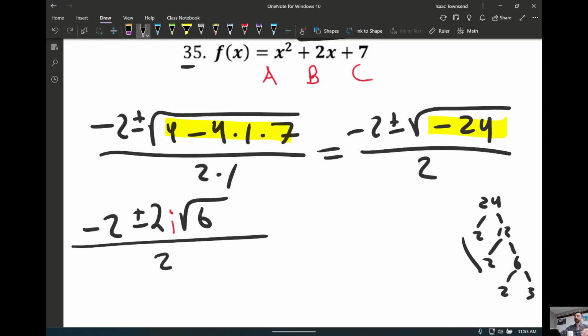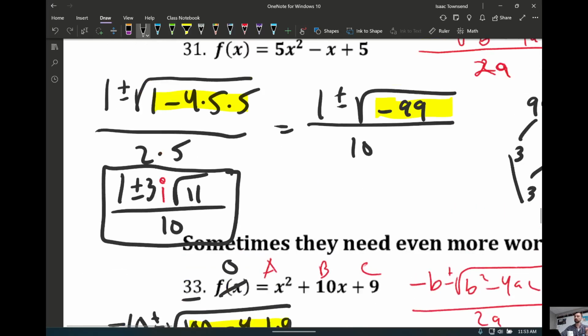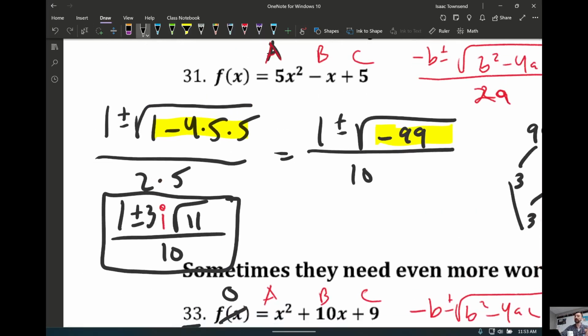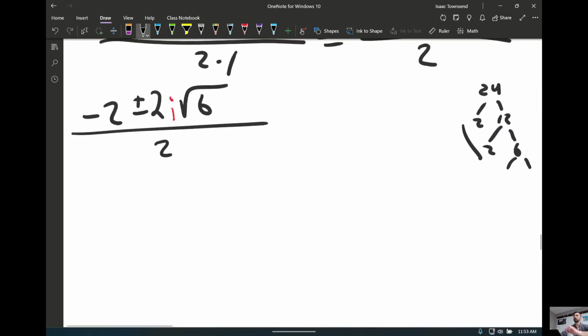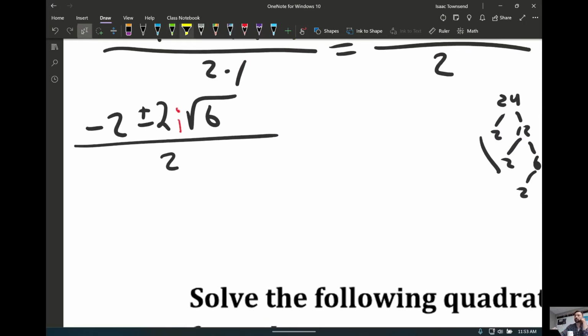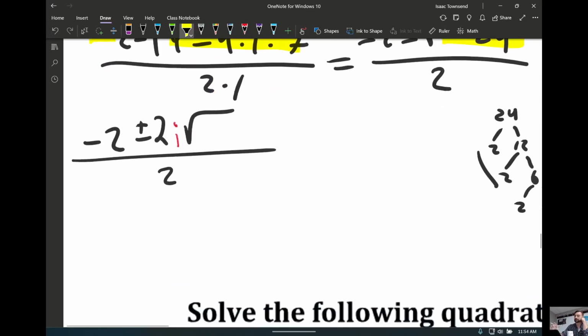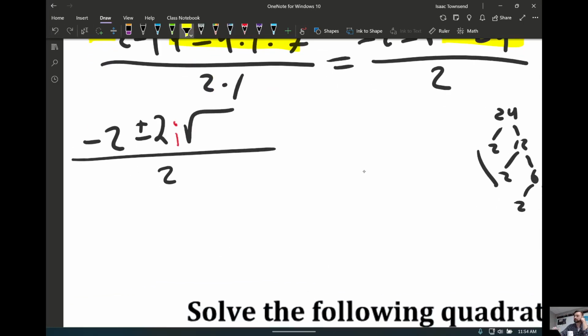Just based on how this radical simplified, this didn't happen. Well, that one was kind of a bad question. This didn't happen here. It didn't need to be done, but there's still one more thing that needs to be done here. So this, I'm going to highlight these terms. What's this, 2 square root of 6?